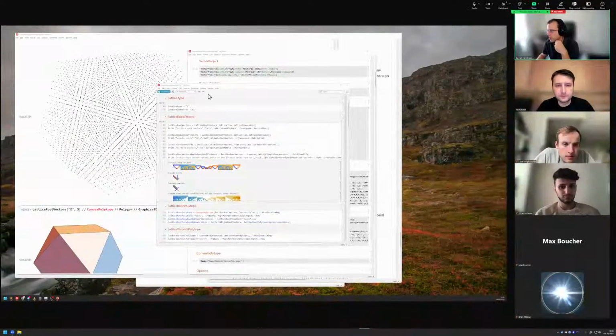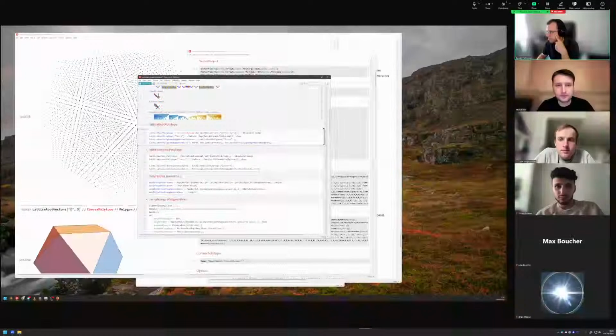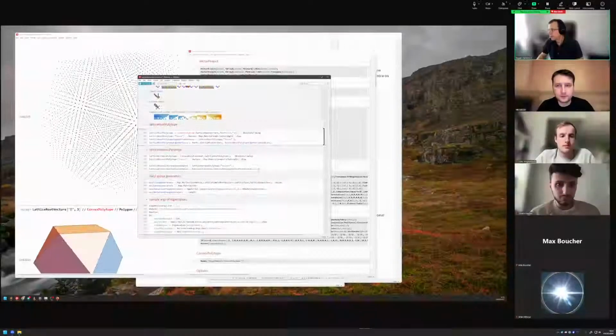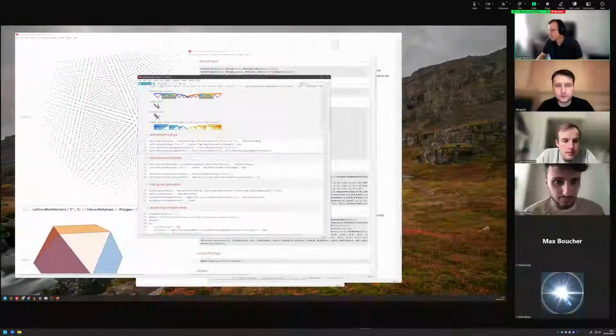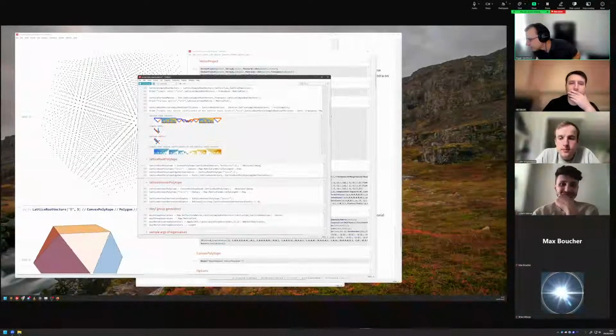So looking at a 6-dimensional lattice, I think I broke it.